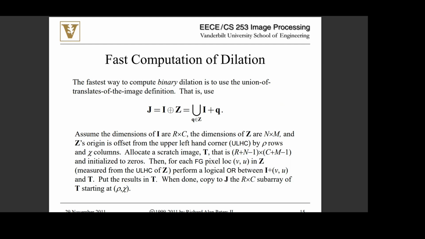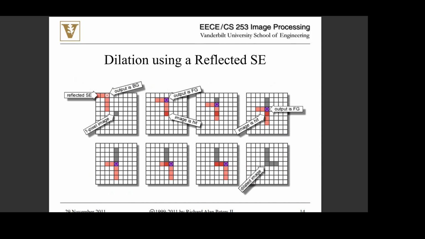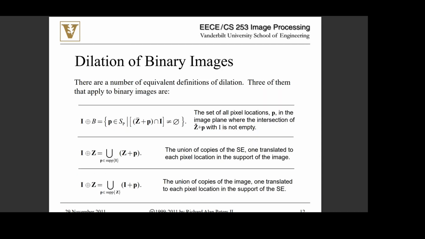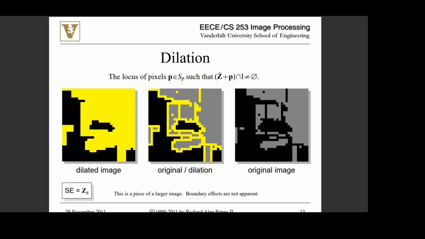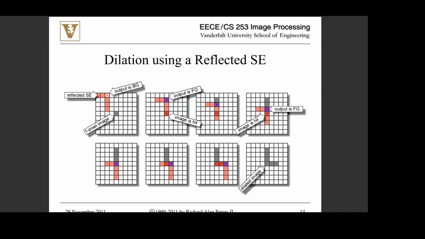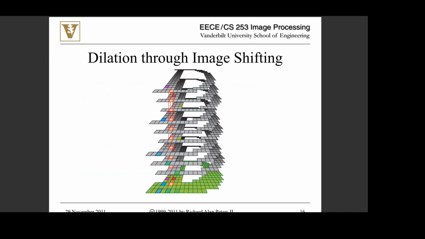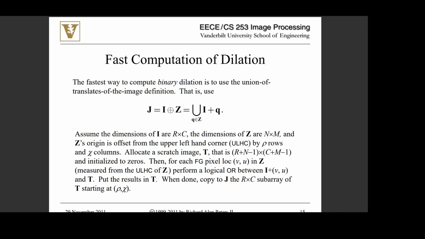Okay, yeah, this is just a fast way of computing that. So you take the image and you shift it to all places where the kernel is different from 0. So you can compute it using the first definition, with these intersections that we have been computing here. But you can also use this other definition, where you're moving the image.